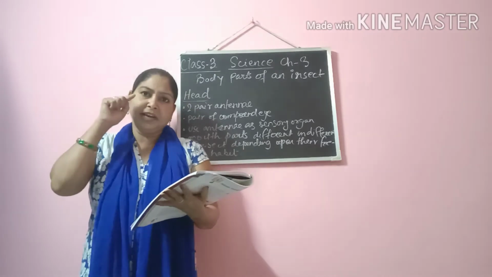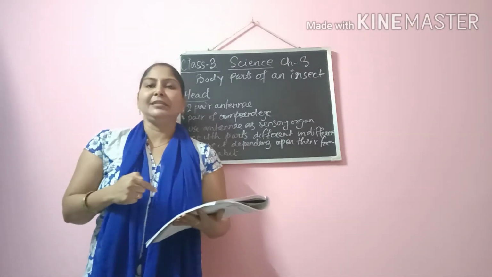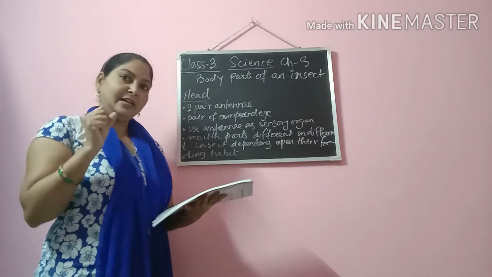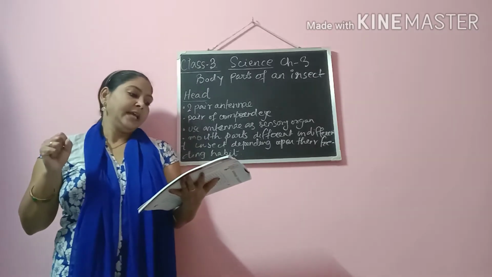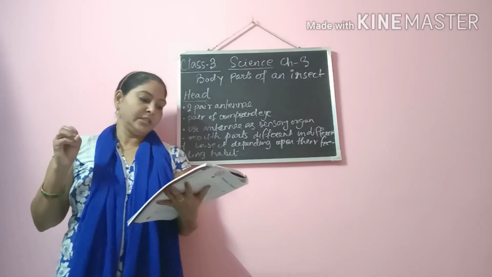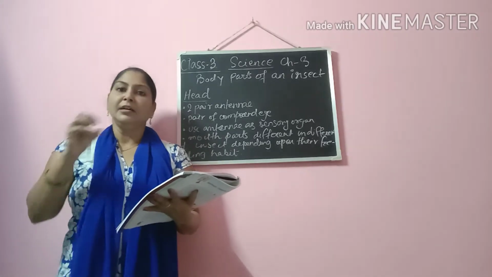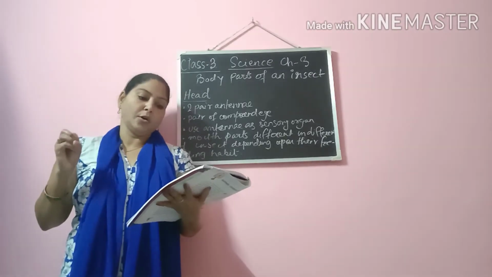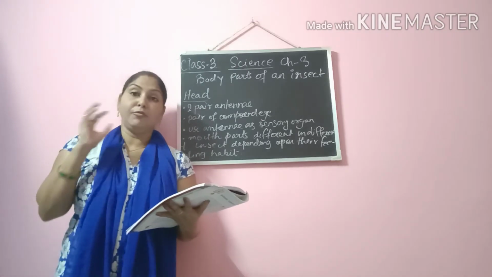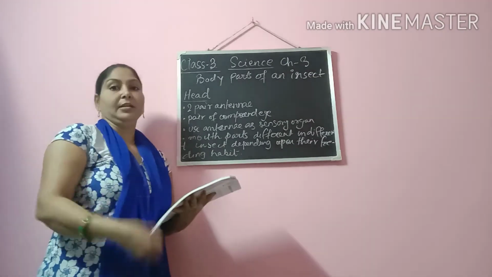They have a very sharp, pointed, needle-shaped mouth part which penetrates the skin of a human being, and they suck the blood from there. They also break the tissues of animals and plants to suck plant juice or blood. Then ants. Ants have very powerful jaws which help them to dig and collect food from the ground.